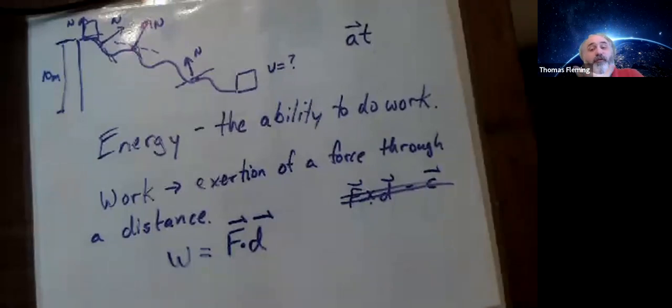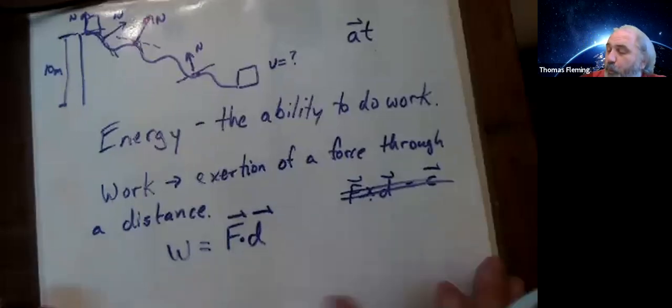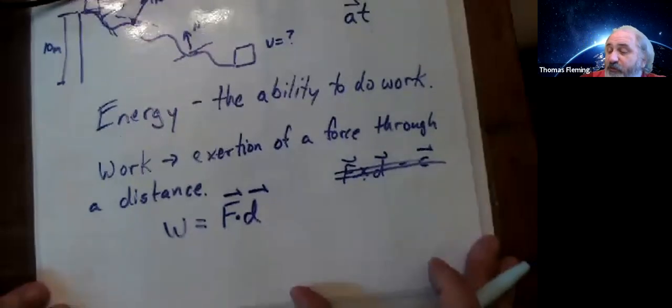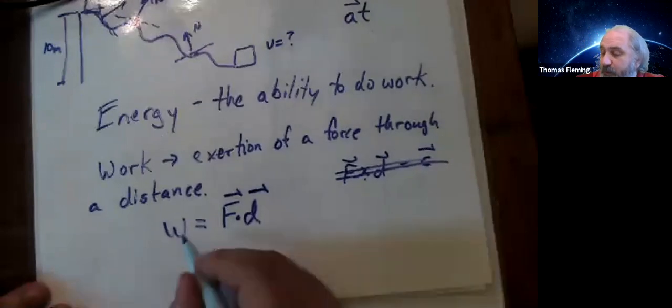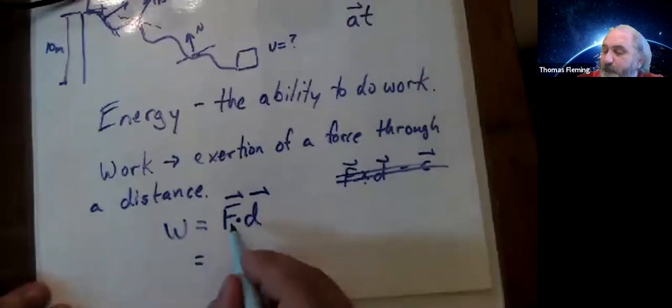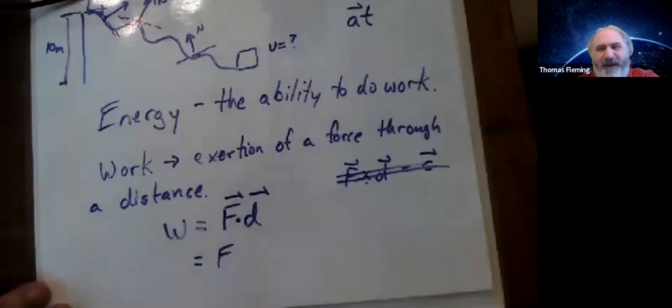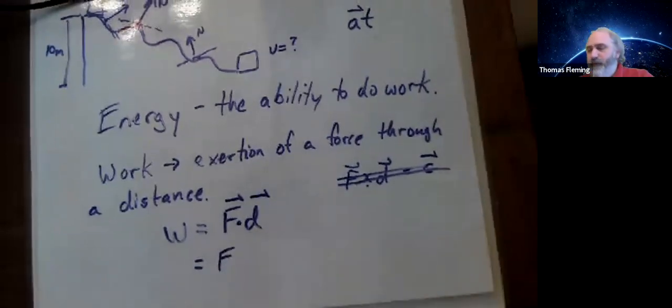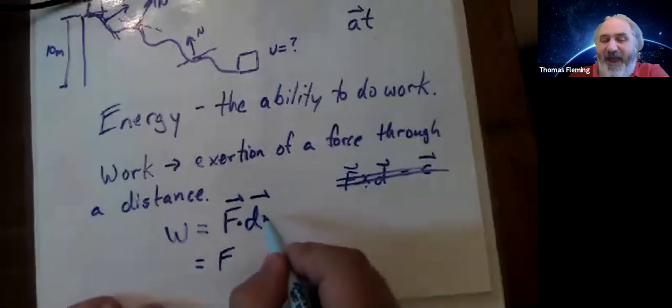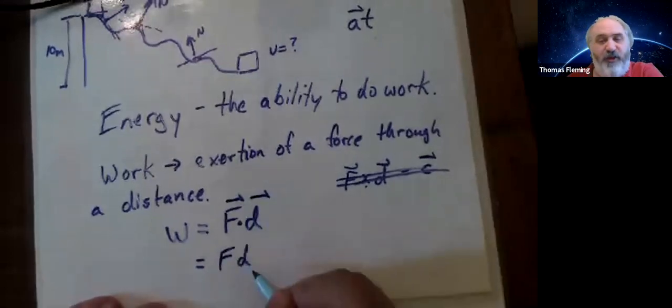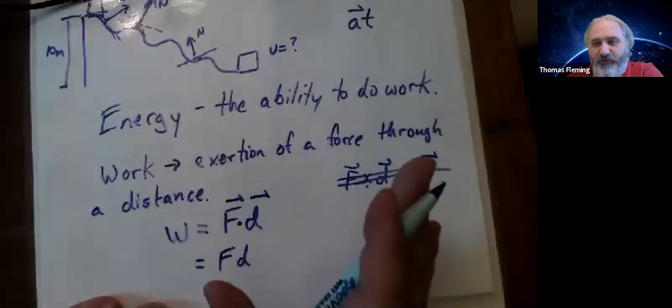Now, here's how we'll do it. When we multiply two vectors together in this way, we will take the magnitude part of the force. That's just the number part, which by definition is positive, times just the magnitude of D, again, just the number part, by definition positive.